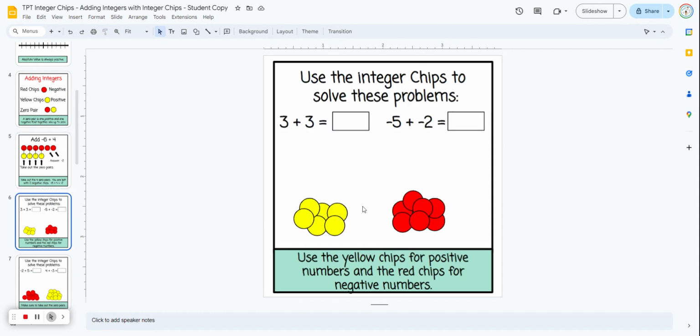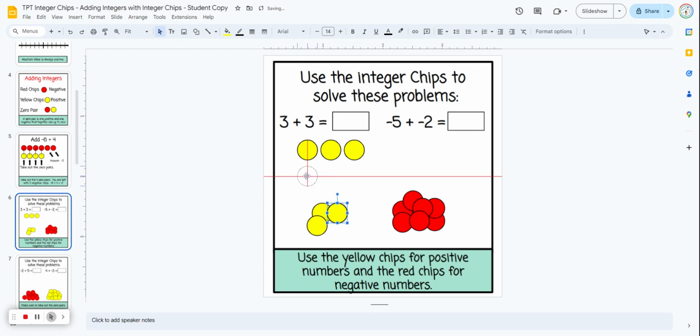So then students have some problems to solve. Now slide 6 has an example of when the signs are the same. So they're going to just click and hold on these chips and they can move them into place. If we have 3 positives and we add 3 more positives, we get a total of 6 positives.